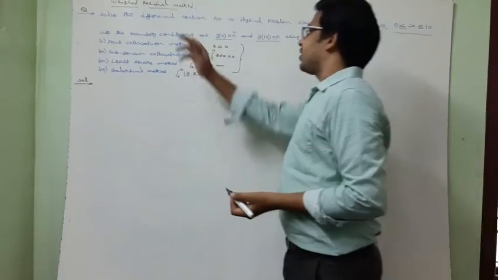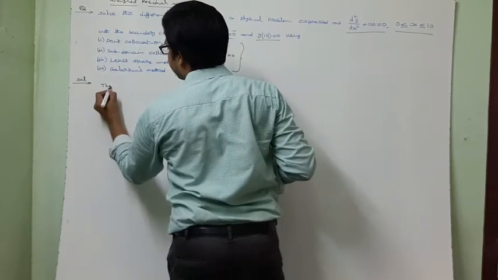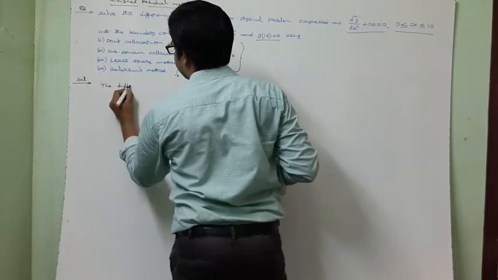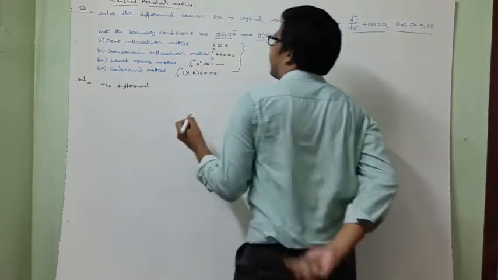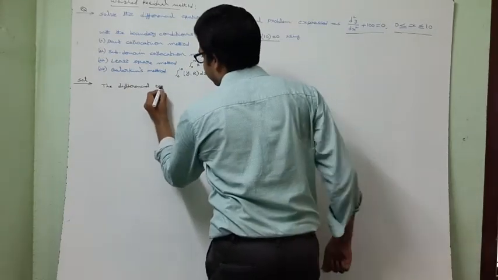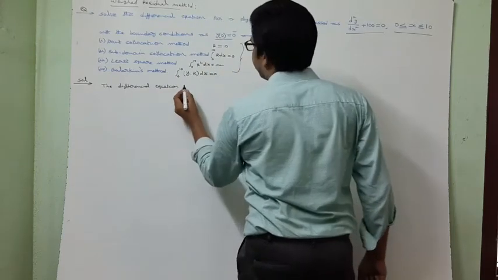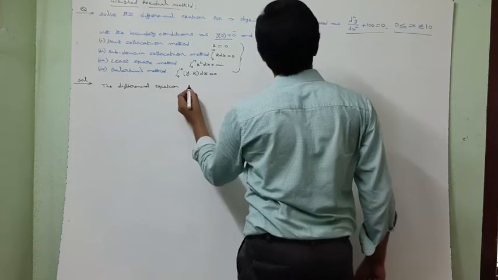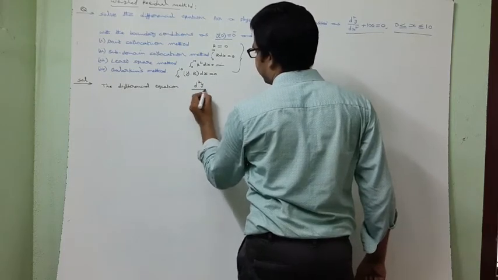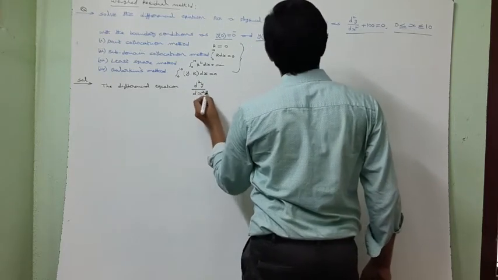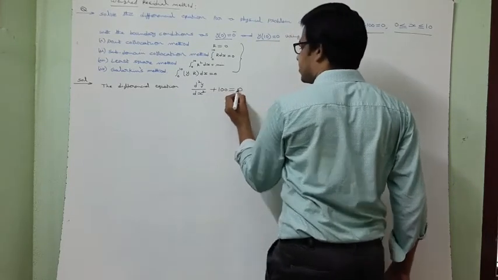Here the differential equation is d square y by dx square plus 100 is equal to 0.